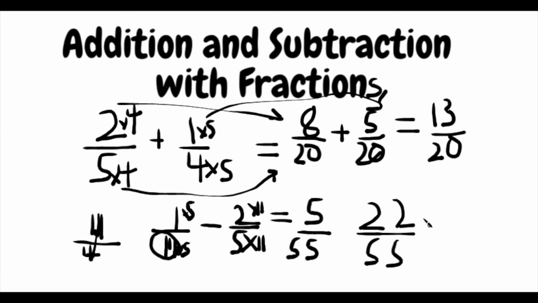All right, and so we're going to get a negative number here, but that's okay. You would do 5 minus 22, and that's going to give you negative 17 over 55. So we'll throw in a little bit of negative numbers there as a bonus.